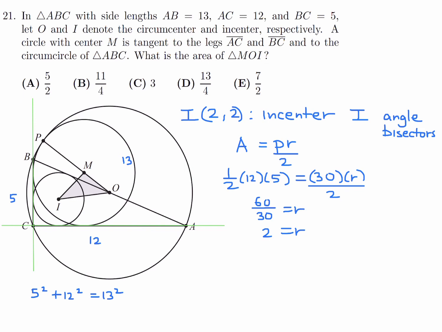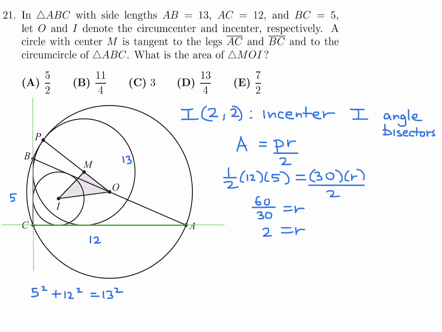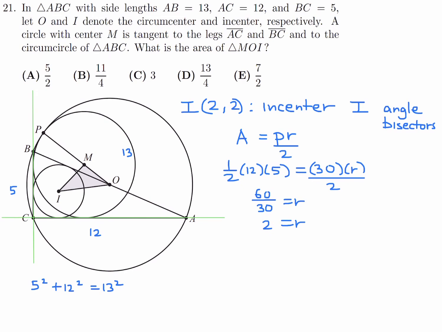Now let's talk about the circumcenter. I will just draw it in. That's a little bit easier to figure out. It's basically where the perpendicular bisectors of the sides meet. So basically we're going to chop this 12 in half, like that, and we're going to chop this 5 in half, like that.